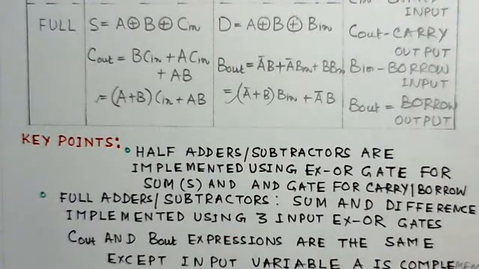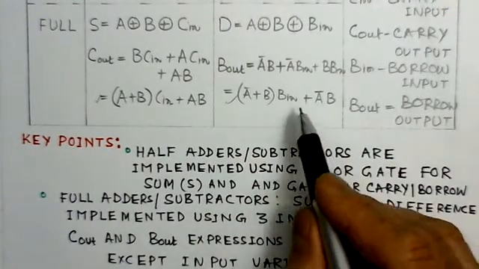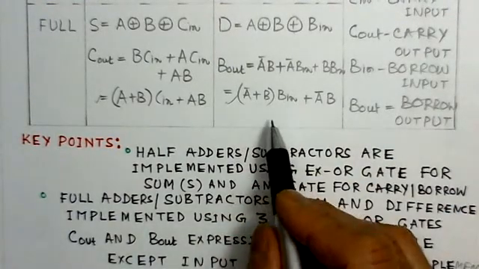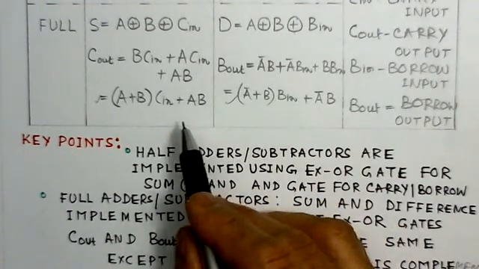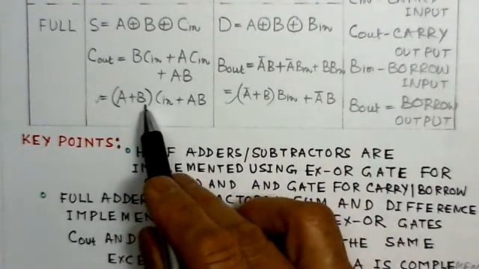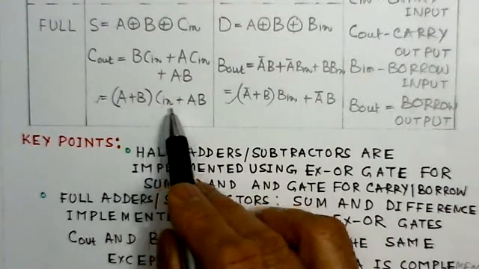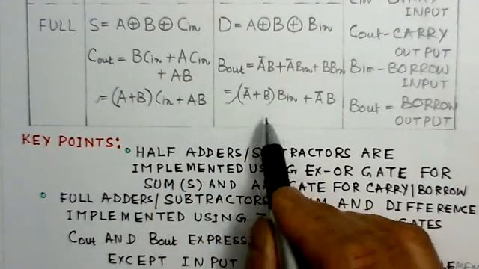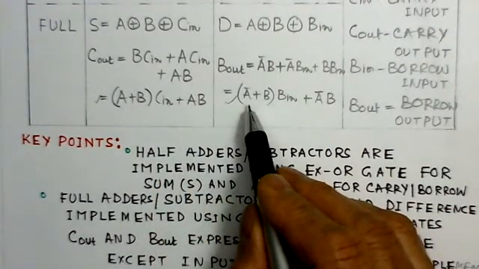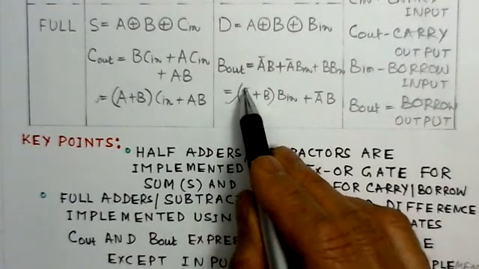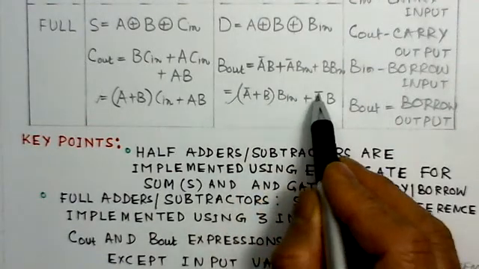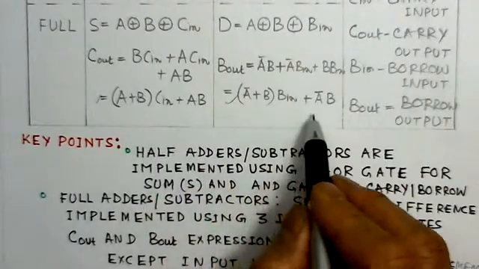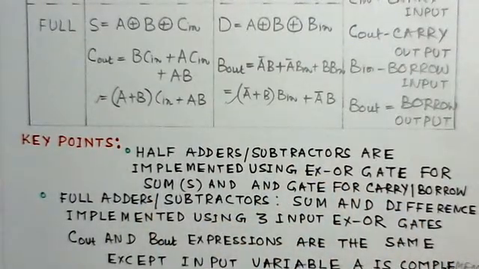If you see the expression for carry here, this is A plus B, C in, plus A B. In a subtractor circuit, this input is complemented here. This is the only difference, otherwise both the expressions are the same.